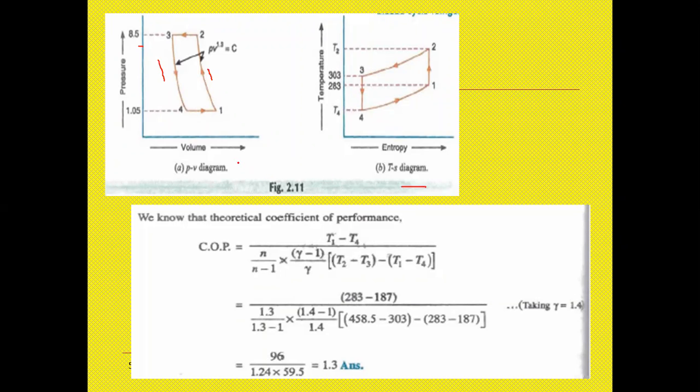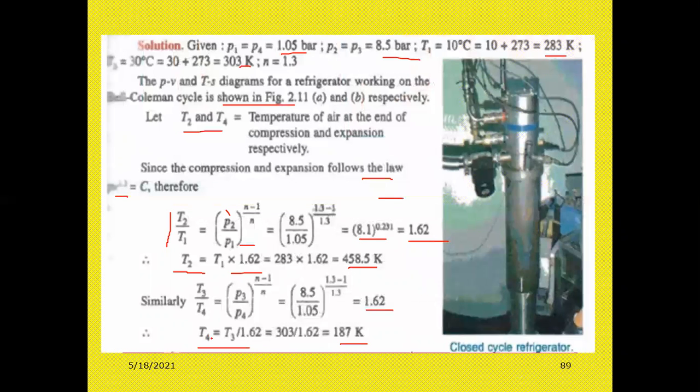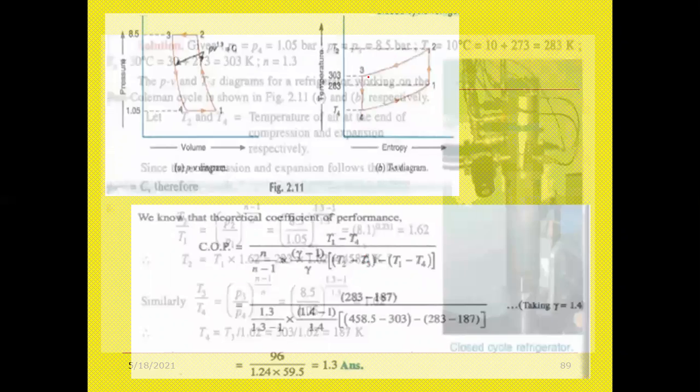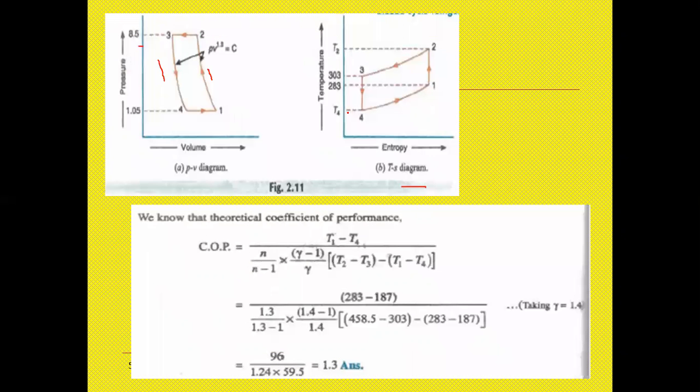Once you draw the PV diagram and TS diagram for any question in R&AC or heat transfer subject, easily you can identify the given data. So we need to find T4, T2, T1 is given, T3 is given in the question. T4 we found earlier. T2 value we found, right? So T2 we got, T4 also we got it.